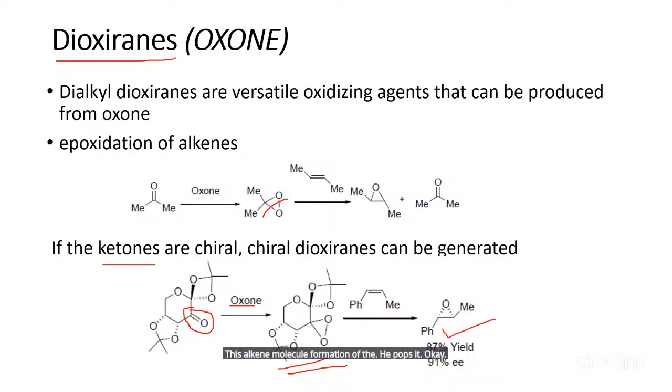That means here the cis alkene molecule gives 91% enantiomeric excess and 87% yield to convert into the epoxide molecule. Earlier, we learned about the trans epoxidation using CrO3 to give the epoxide.